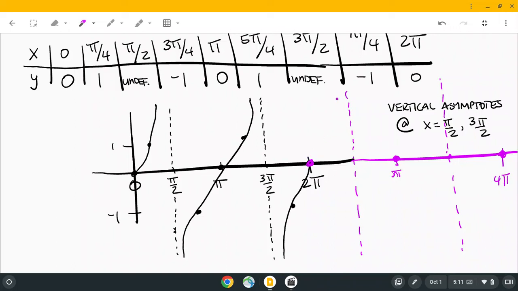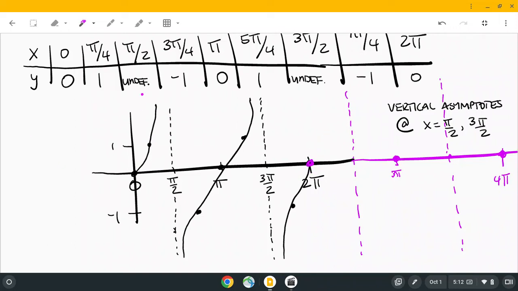Okay, I was trying to find where I left off. There it is right here. This piece will start from here because this one was just kind of left hanging there. We see that this piece will start to repeat after 2 pi.